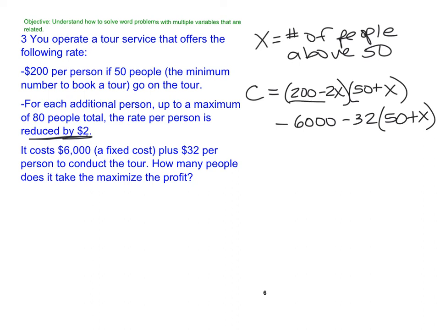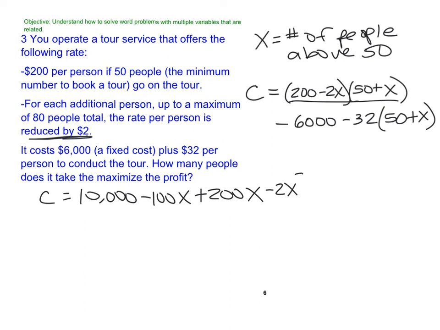I FOILed this, and I got 10,000 minus 100x plus 200x minus 2x squared minus 6,000 minus 1,600 minus 32x.